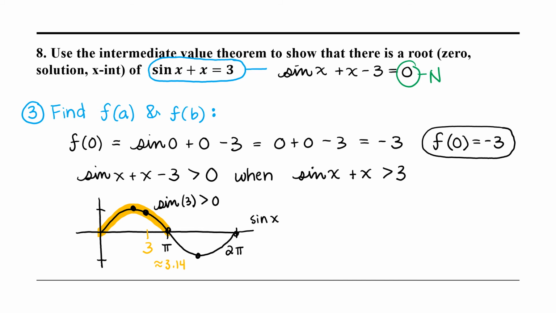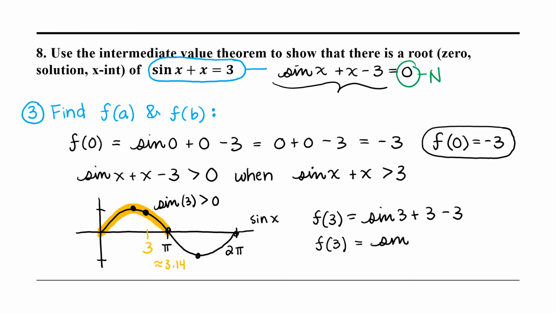And that means that if I look at f of 3, which is equal to sine of 3 plus 3 minus 3, I'm just substituting 3 in for x, going back to my original function here. Well, 3 minus 3 is 0, so f of 3 is equal to sine of 3, which is a positive number.